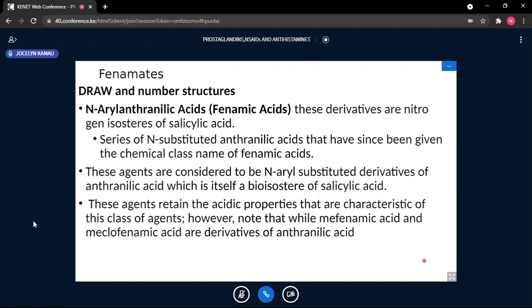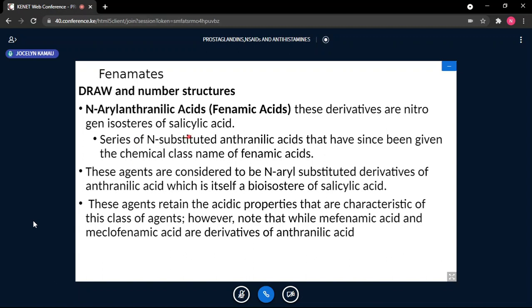And again, it agrees with the general SAR: carboxylic group, two aromatic groups, of course, separated by a polar group with retention of activity. So N-aryl anthranilic acids or fenamic acid derivatives are nitrogen isosteres of salicylic acid, quite clear.